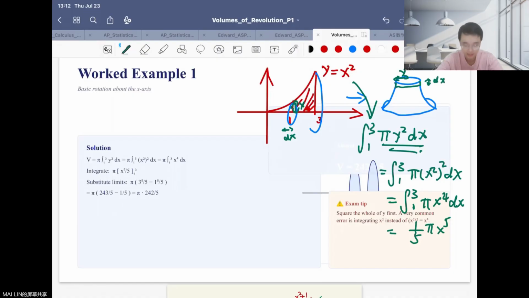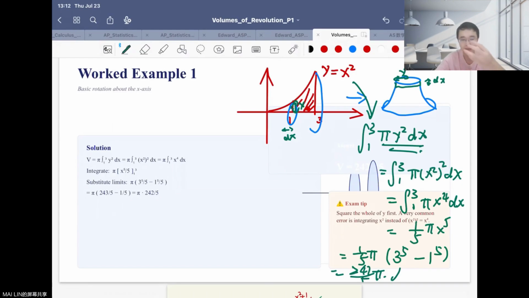Then put 1 and 3 into it. The final answer is 1 over 5 pi times 3 power 5 minus 1 power 5. 3 power 5 is 243, and 243 minus 1 is 242, so the answer is 242 over 5 times pi.